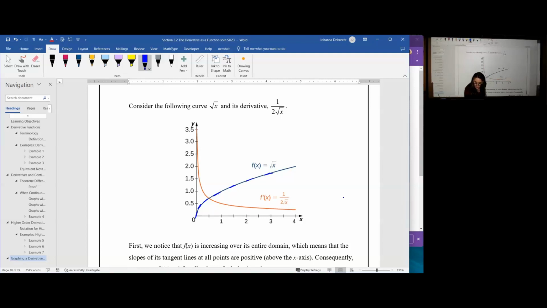It goes lower and lower and continues to flatten out, but it never goes negative. This means that the derivative function is falling and approaching 0, but the slope of the tangent line stays positive, so the derivative, no matter how low it gets, stays above 0.